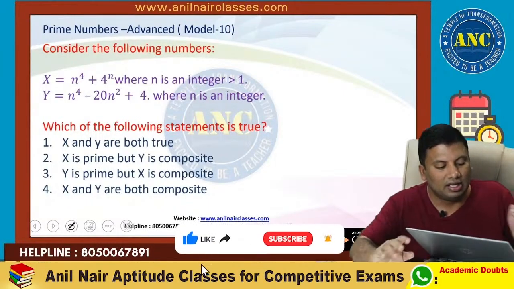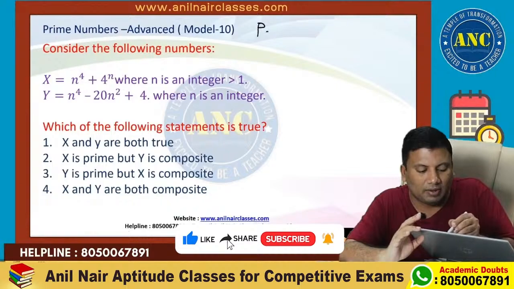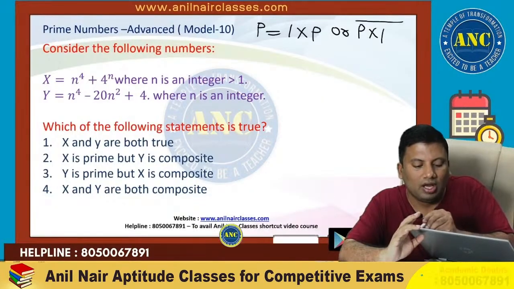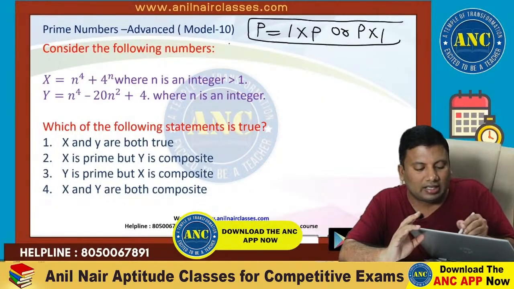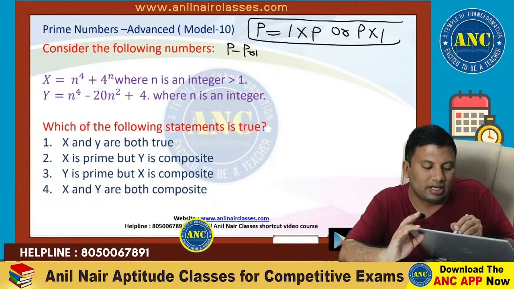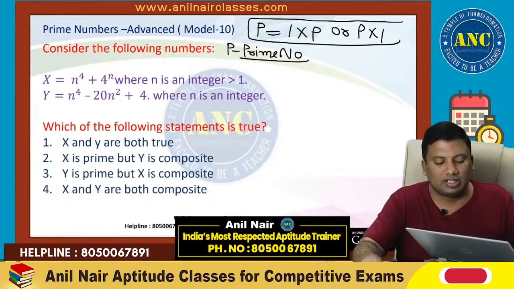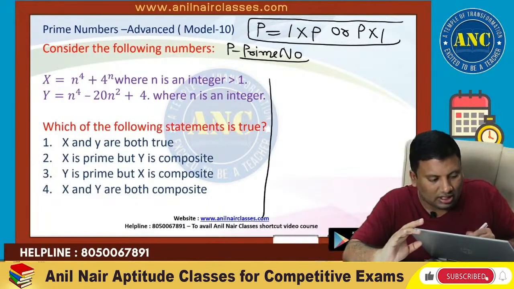X is n power 4. See, always remember, if p is a prime number, you should write it as 1 into p or p into 1. If you are able to write it like this, then p is considered to be a prime number. A prime number has only two distinct factors.